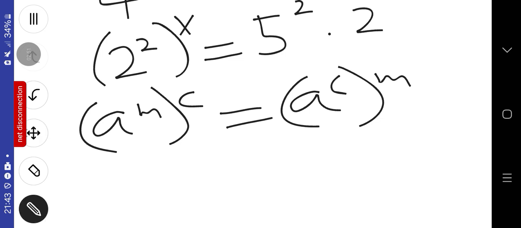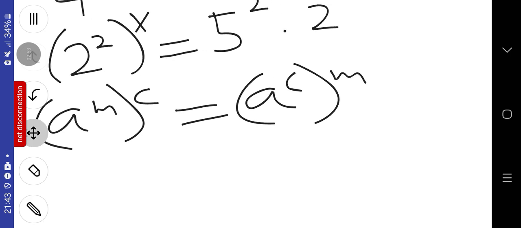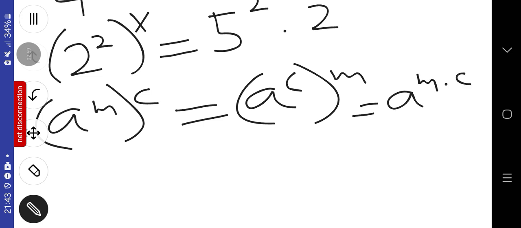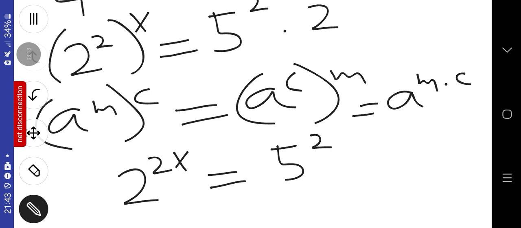Note that multiplication is commutative, so m times c is the same as c times m. So our equation becomes 2 exponent 2x equals 5 exponent 2 times 2.